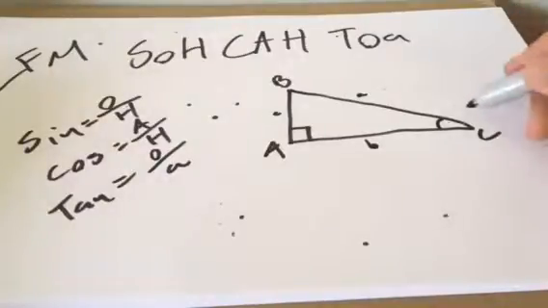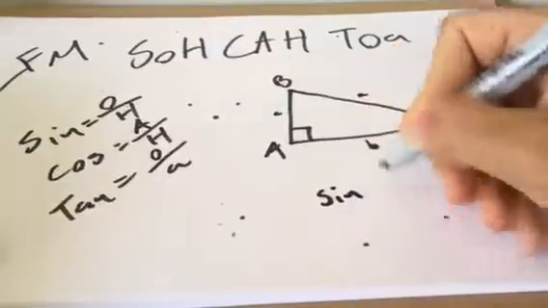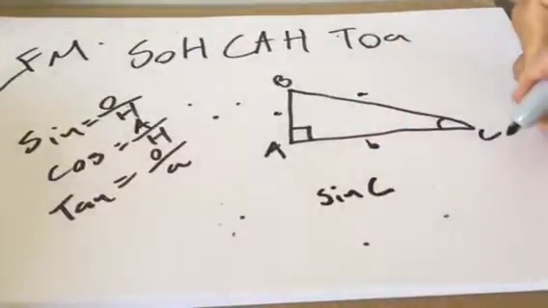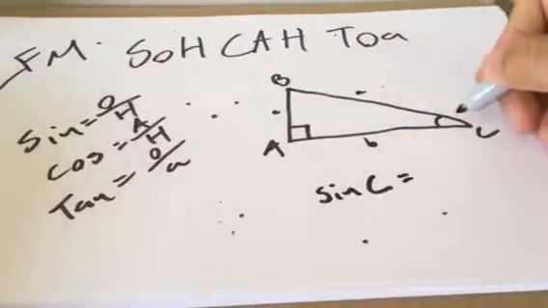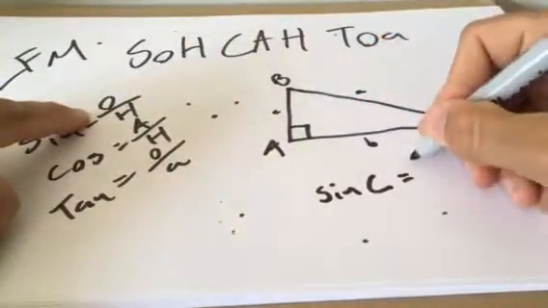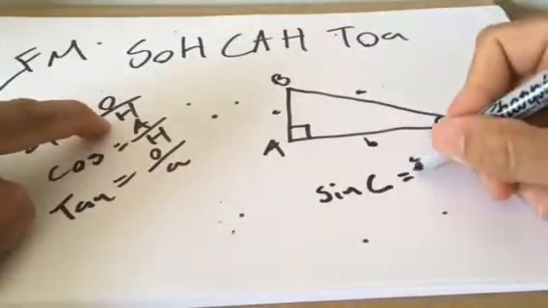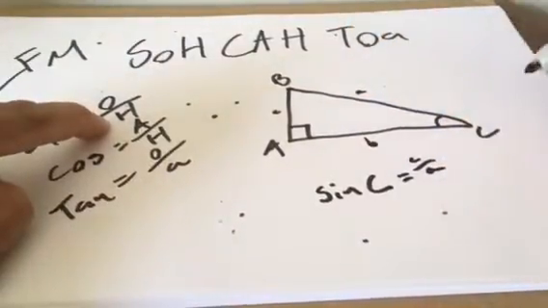With the multiple options we have here, if we decided to do sine of angle C, that would then have to equal the opposite, which is opposite of the angle, so little c, over hypotenuse, which is the longest of the sides, so little a.